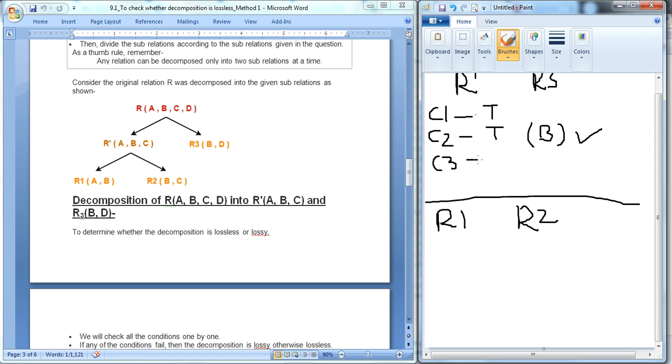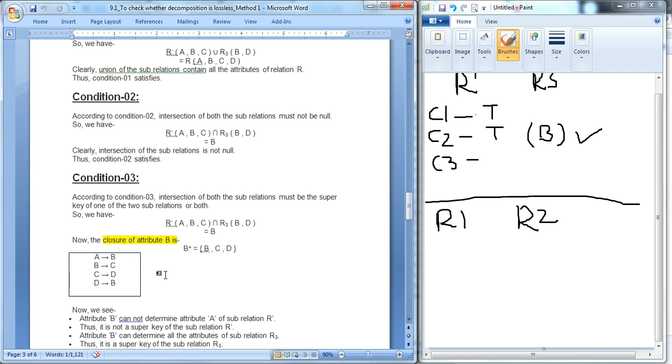Now condition 3: B should be a super key of R dash or R3. According to condition 3, the intersection of both sub relations must be a super key of one of the two sub relations or both. Now we need to know the concept of closure of an attribute, which is used to check whether a particular value is a super key or not.